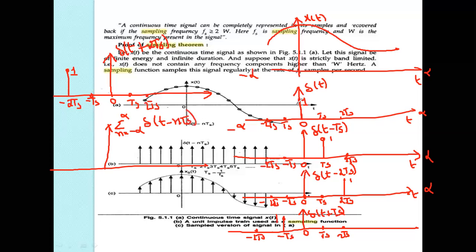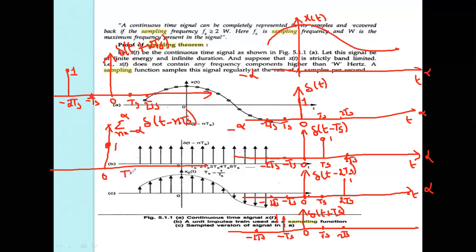When n is equal to 0, we get t minus 0, that is delta of t. So adding all the terms means 0, here the 1, 0, 0, 0, so 1 plus 0, 0, 0, the value is 1.